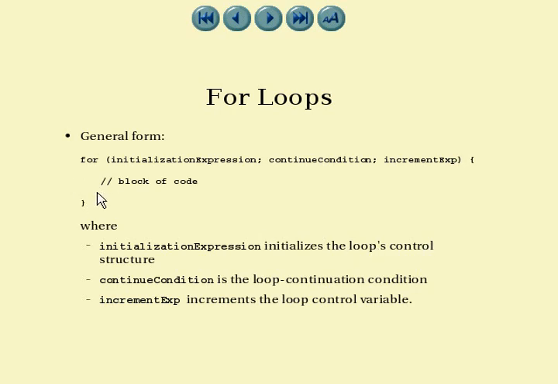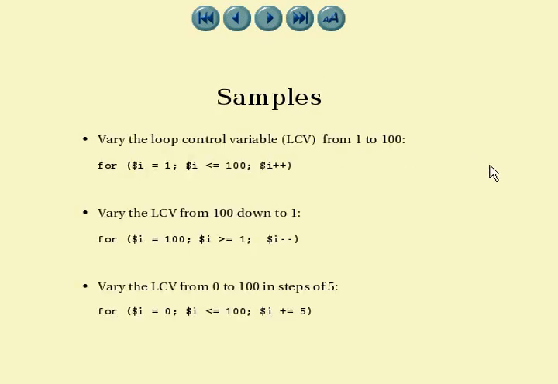All right. So again, the general structure is the for statement, round parentheses, an initialization expression, a continue condition, and an increment expression. Then some block of code. Best way to do this is to look at examples. The first one here starts out I is equal to 1, so you initialize I to 1.